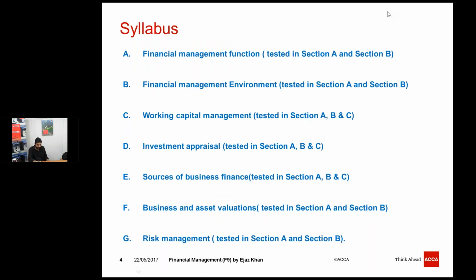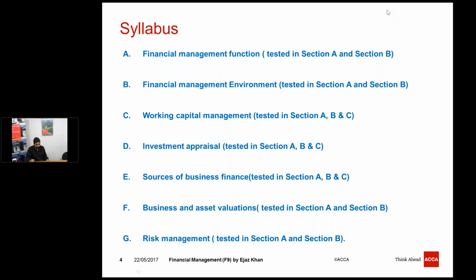About the syllabus, there are 8 syllabus areas. Section A, financial management function; B, financial management environment; C, working capital management; then investment appraisal, sources of business finance, business and asset valuation, risk management.